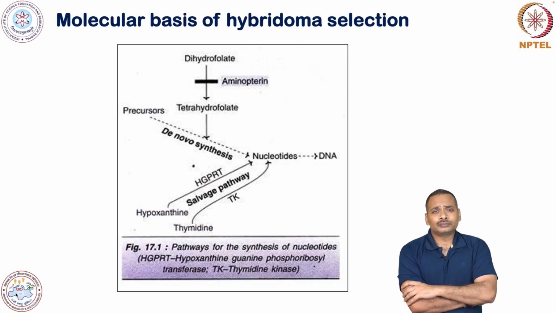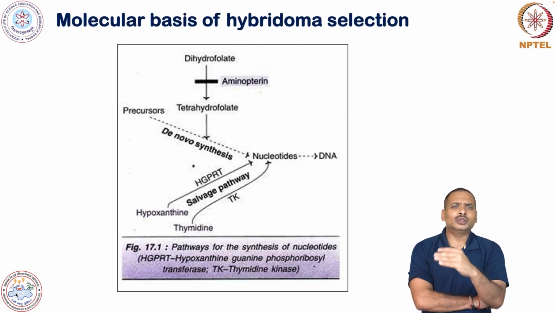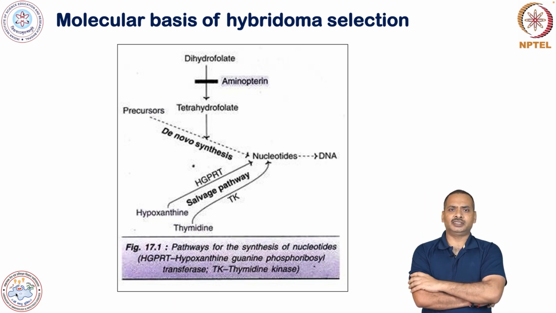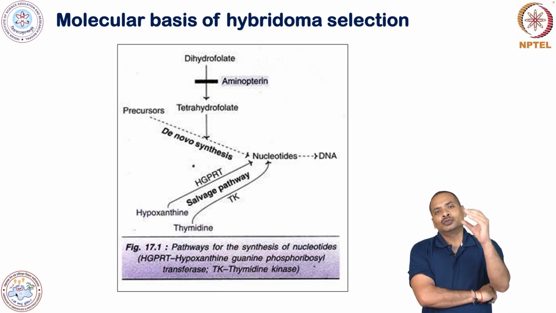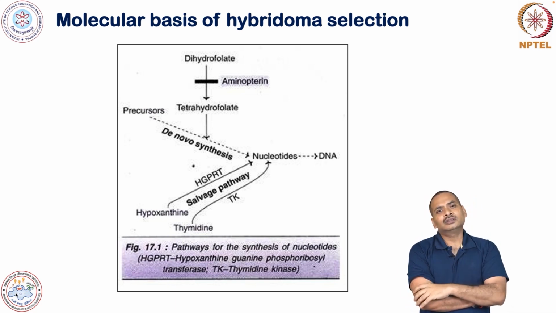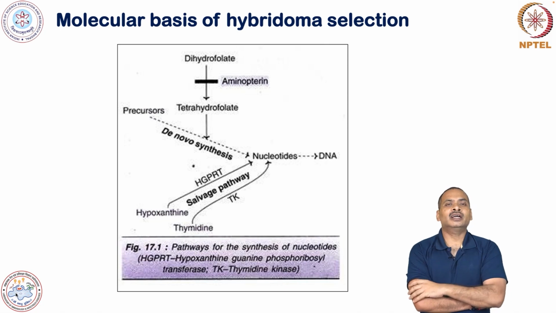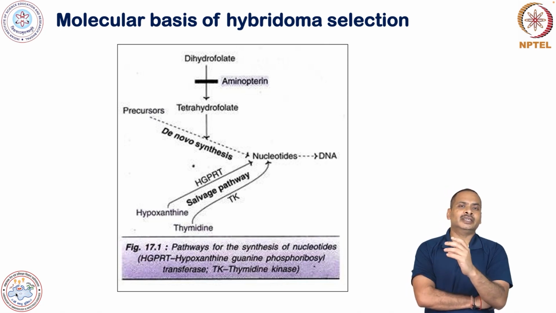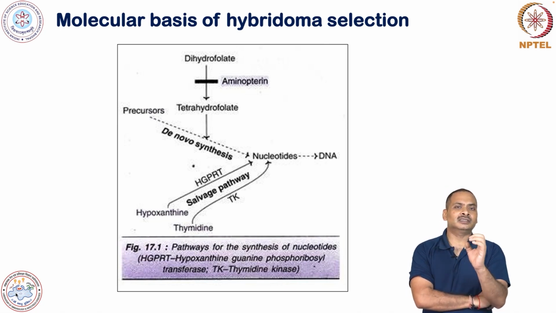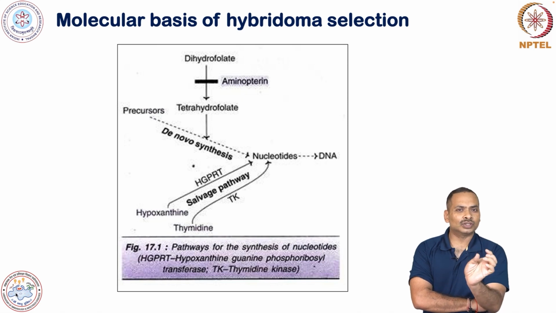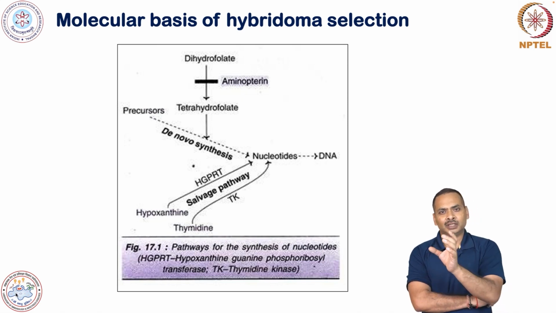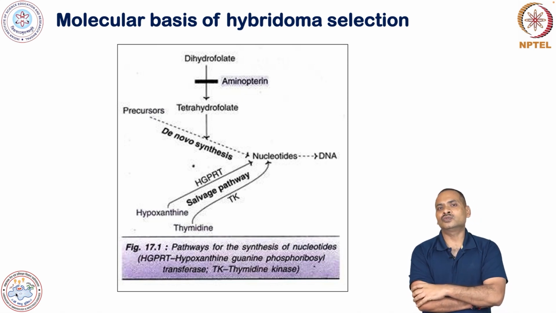So now I will tell you how we do the screening. So the spleen cell which is coming from the immunized mice, okay, has a property that it can grow for a shorter time, but myeloma cell can grow for indefinite time, right?